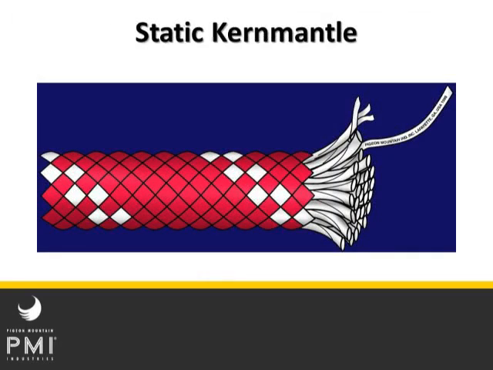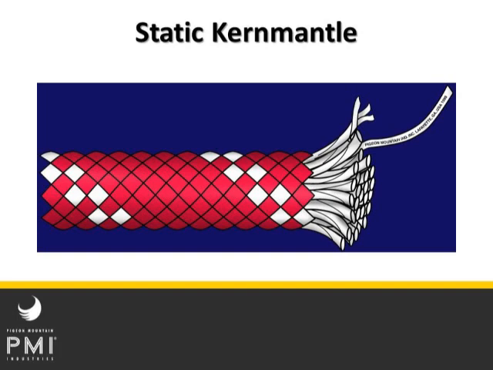The static kernmantel design, what it really looks like, will give you an idea of the difference between the ropes. You'll notice that the white core sticking out to the right of your screen of the drawn rope has a few twists in it. The core has to be very low twist to eliminate mechanical elongation.